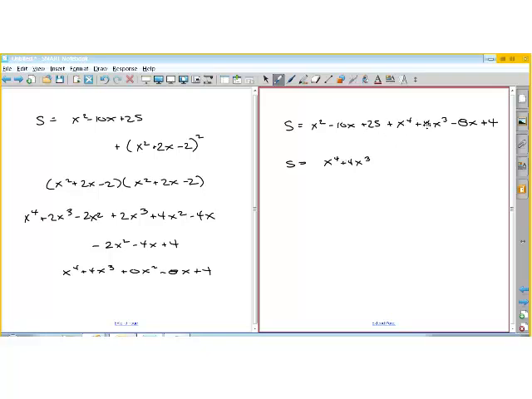So we get x to the 4th plus 4x cubed and plus x squared. And then we have minus 10 minus 8. So that's negative 18x and then 25 plus 4 is 29. Okay, so that's the primary equation, only in terms of x. So now we take the derivative.